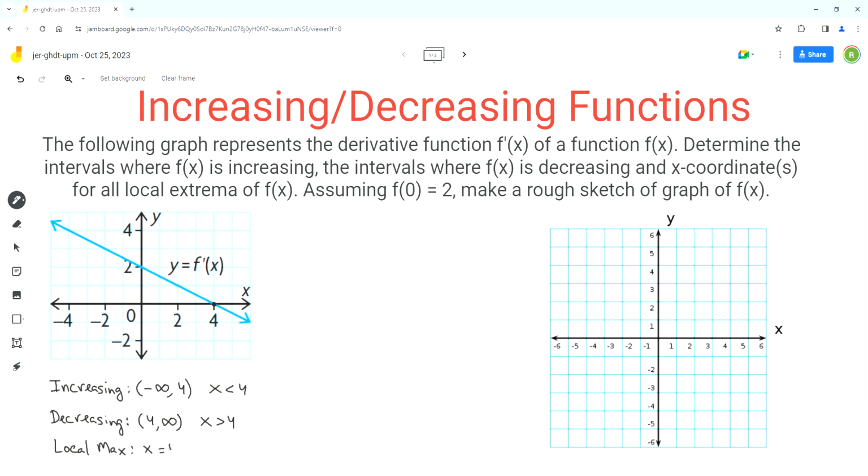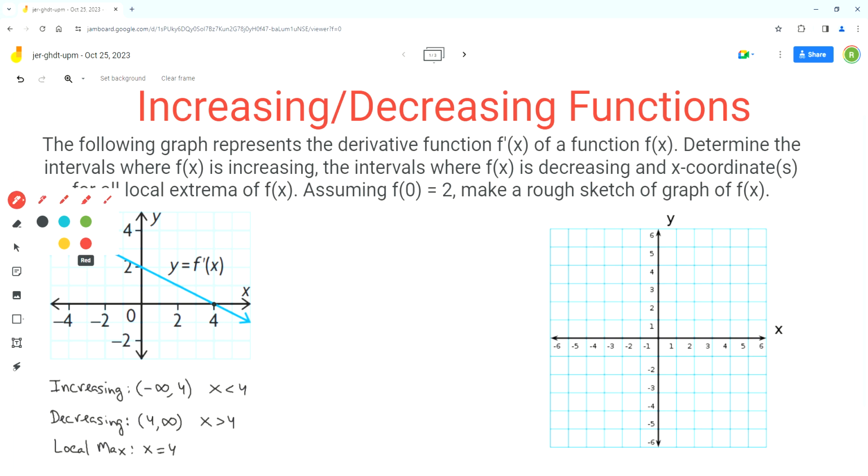There is a very important concept we need to understand and memorize: whenever the graph changes from increasing to decreasing, that means there is a local maximum. So now we can use this information to graph the function f(x).